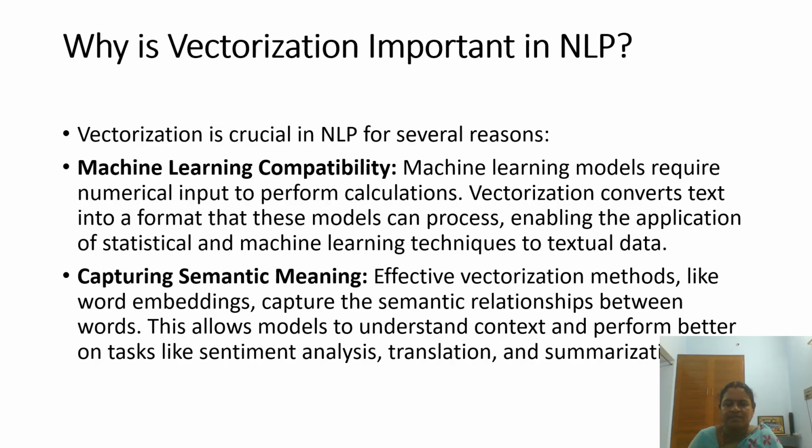The second reason is capturing semantic meaning. Effective vectorization methods like word embeddings capture the semantic relationships between words. This allows models to understand context and perform better on tasks like sentiment analysis, translation, and summarization.